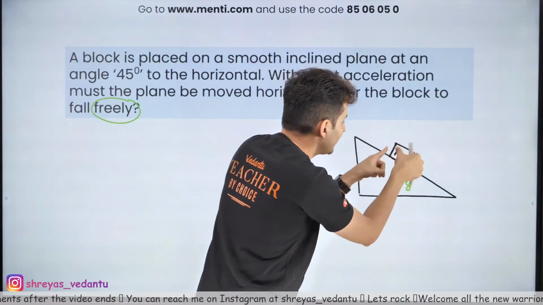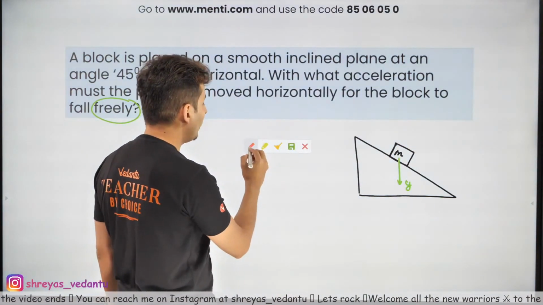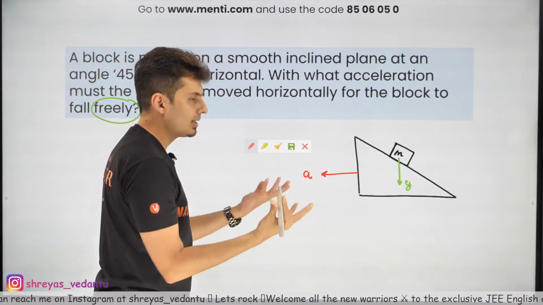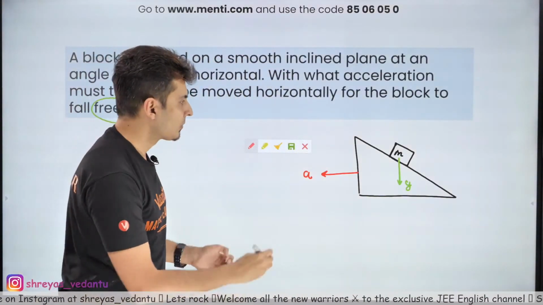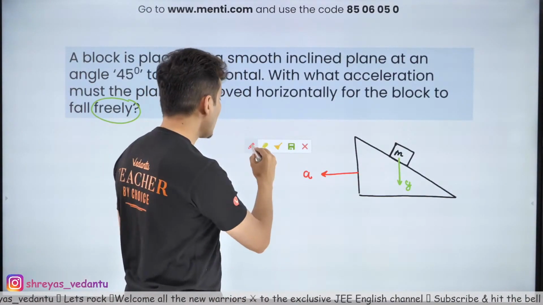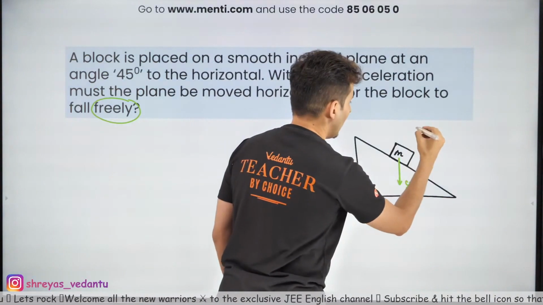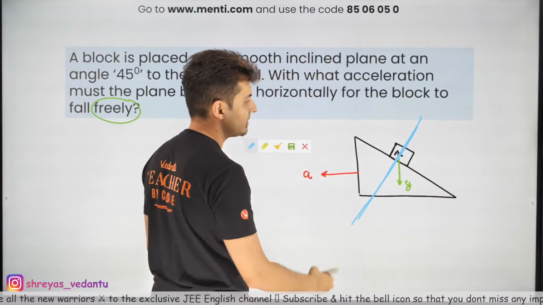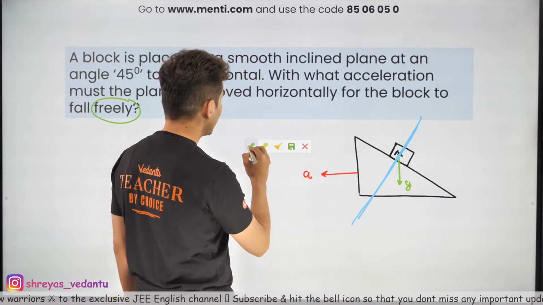In order for this M to go down like that, obviously this must go this way with some acceleration A. Now, this is just the concept of constrained motion. Remember, I have told you along the normal, the accelerations must be same or velocities must be same. So think about it.